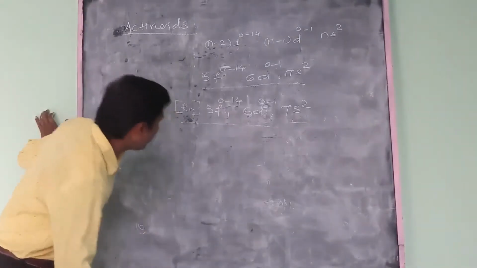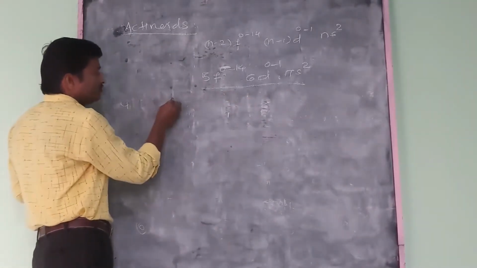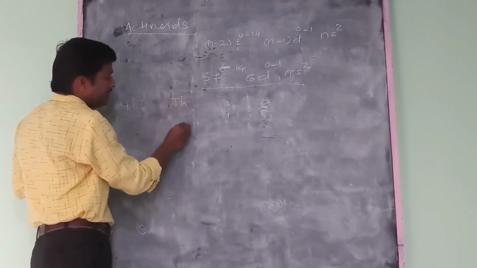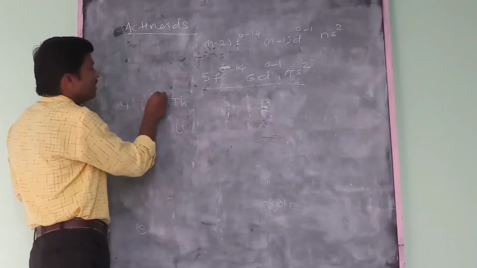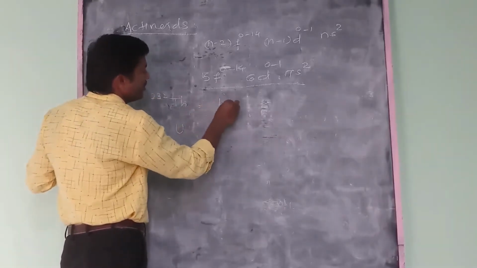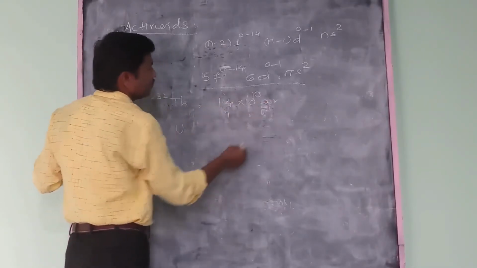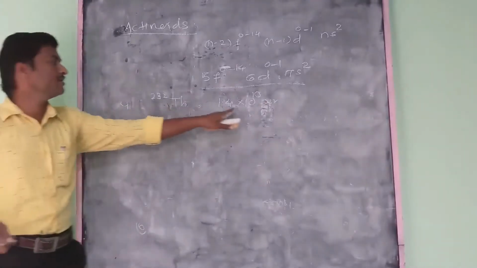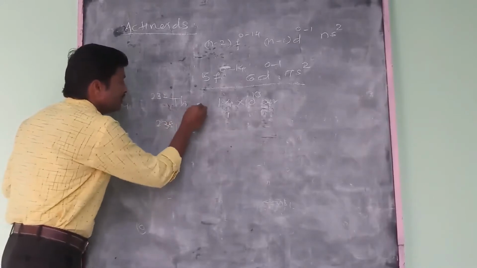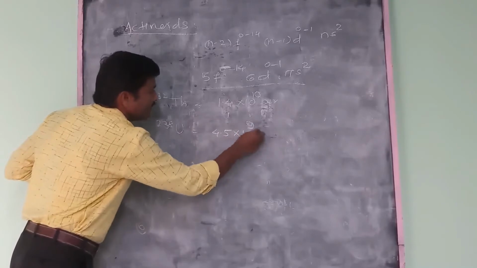Also the half-lives of thorium and uranium. Thorium-232 has a half-life of 1.4 into 10 raised to 10 years, and uranium-238 has a half-life of 4.5 into 10 raised to 9 years.